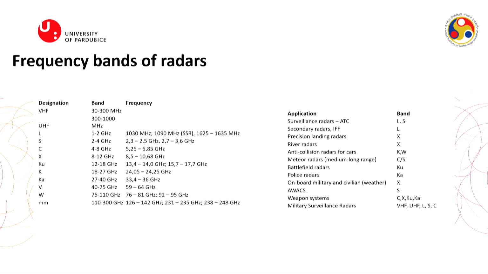S band is from 2 up to 4 gigahertz. It is for precision landing radars. Then C band from 4 up to 8, and very important for us is X band from 8 to 12 gigahertz. This frequency is mainly used by radars.